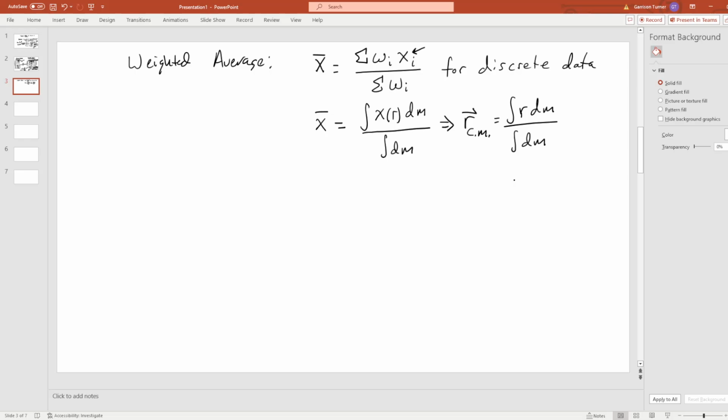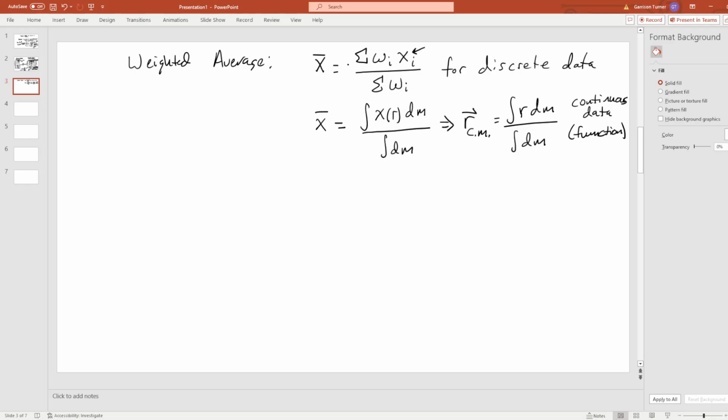And we will work through both the discrete and the continuous data. Okay, so in other words, if this is a function.